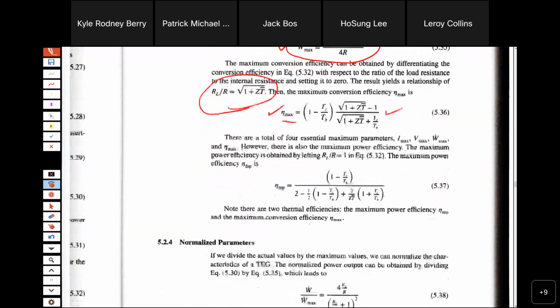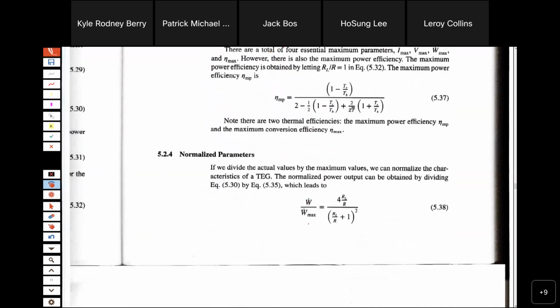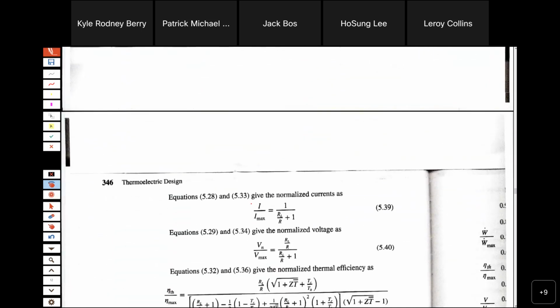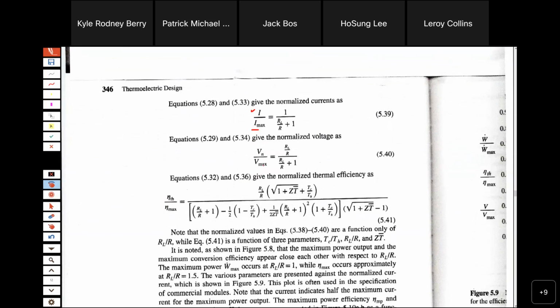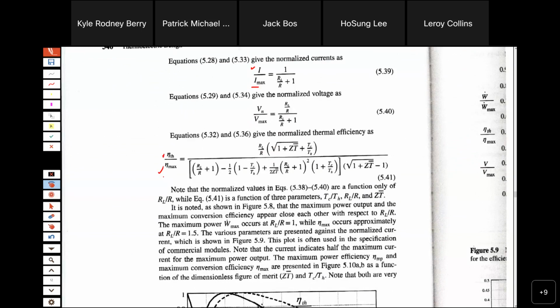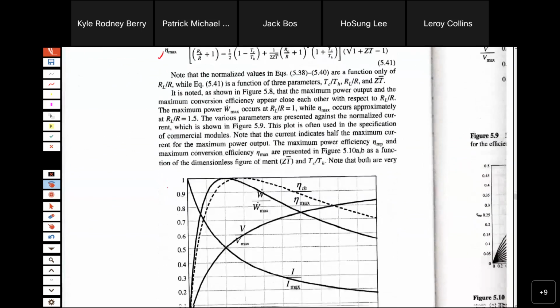Once we have that, I was able to normalize actual over maximum: actual current over maximum, actual voltage over maximum, efficiency actual over maximum. I plot it.